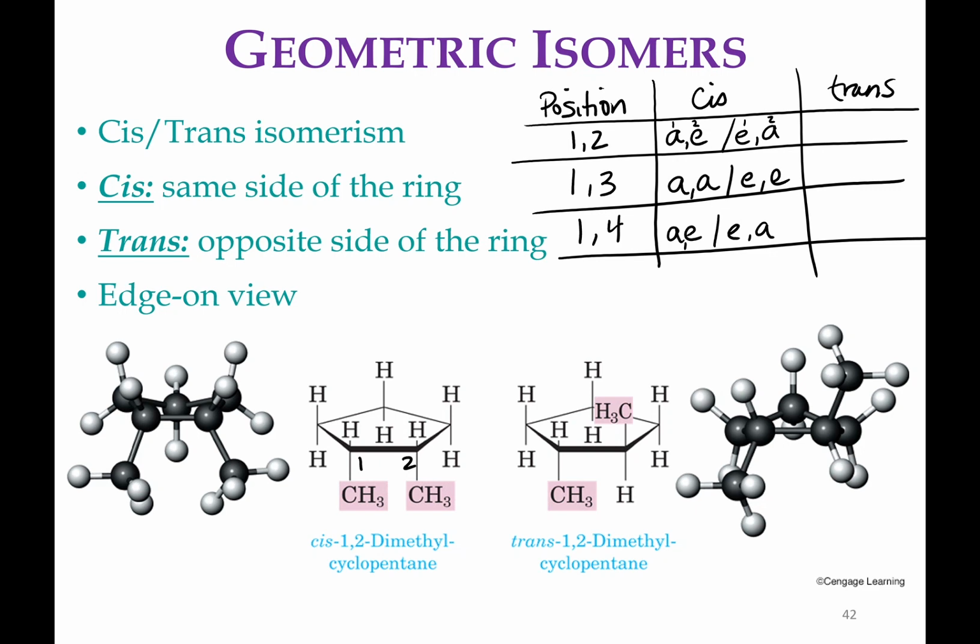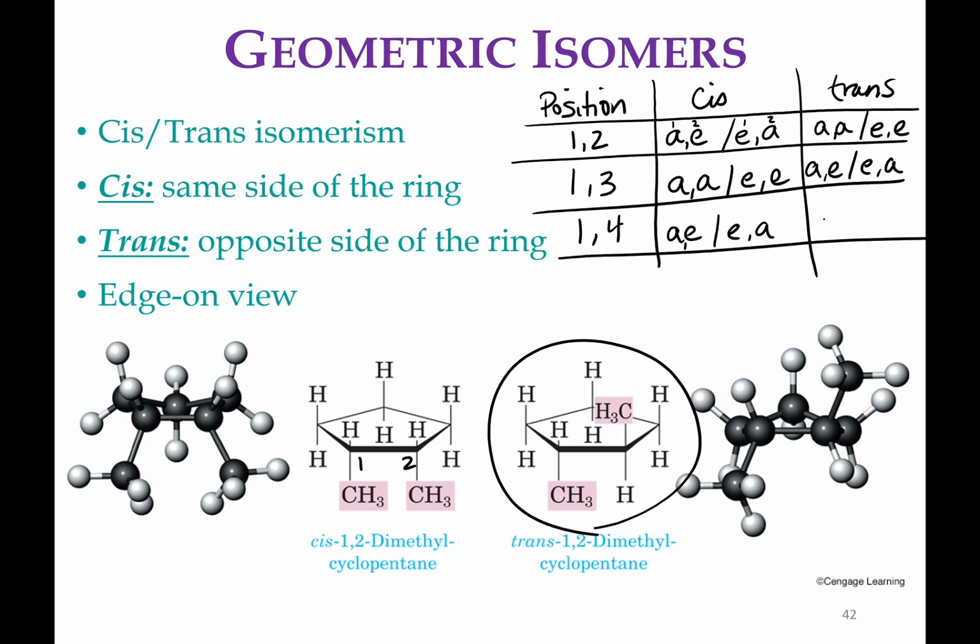And that is because when we look at, remember our chair view, things are not always pointing the way that they look in this nice side angle view. So for opposite sides of the ring, it could be both axial if they're 1 and 2, or they could be equatorial. For 1 and 3, they could be axial and equatorial, or equatorial and axial.